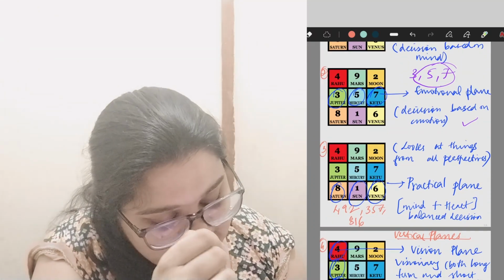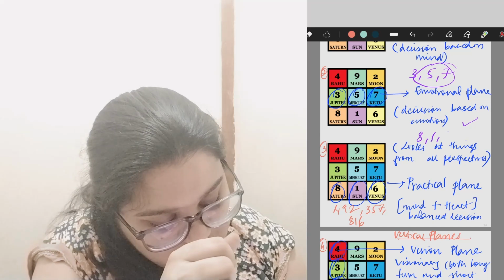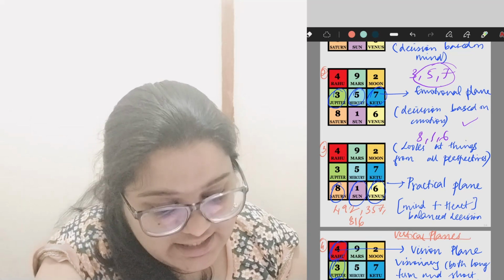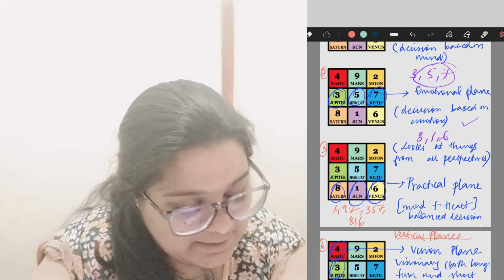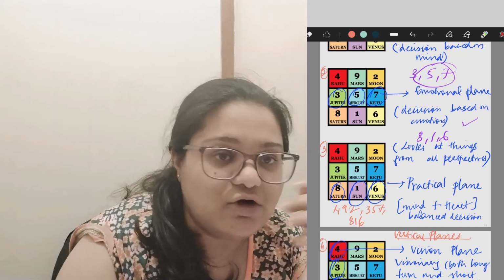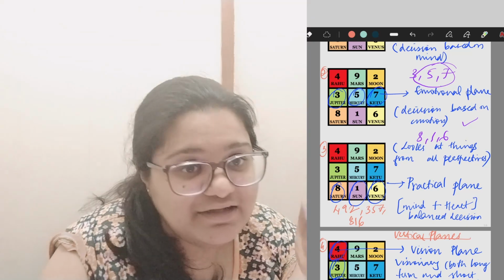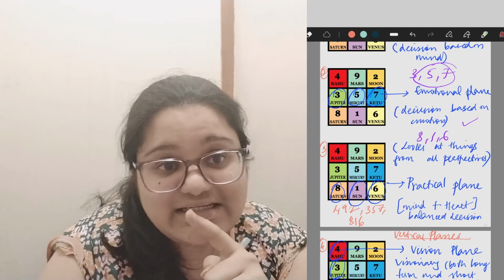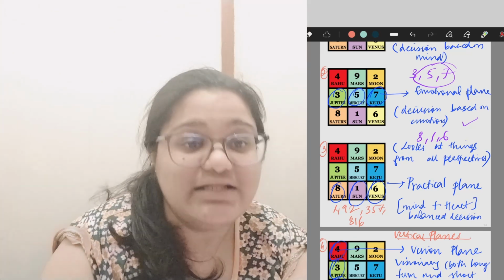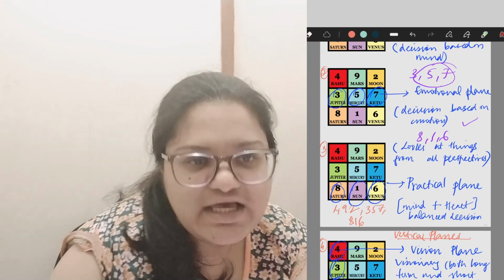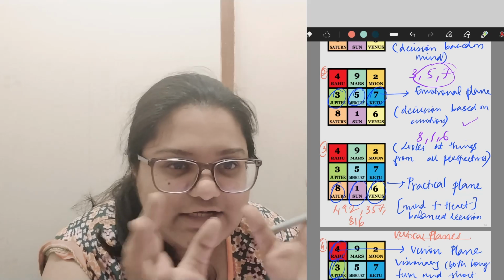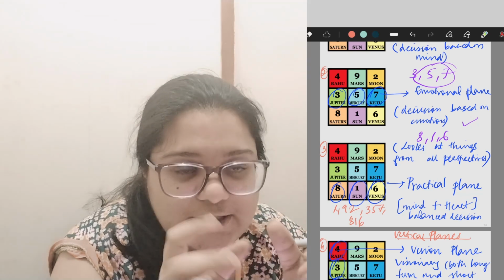Next, let us come to the combination 8, 1 and 6. 8, 1 and 6 represents the third element of your horizontal plane. Here, 8 is Saturn, 1 is Sun, and 6 is Venus. Most of the things you see over here are materialistic.